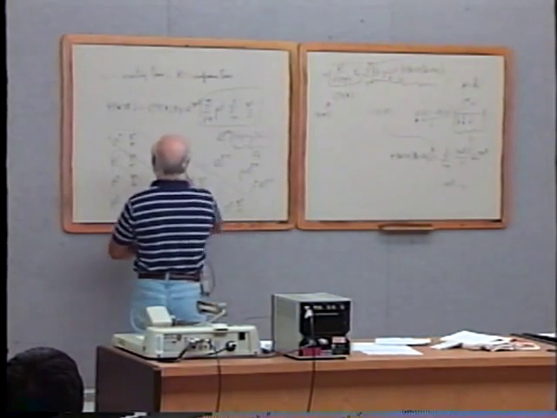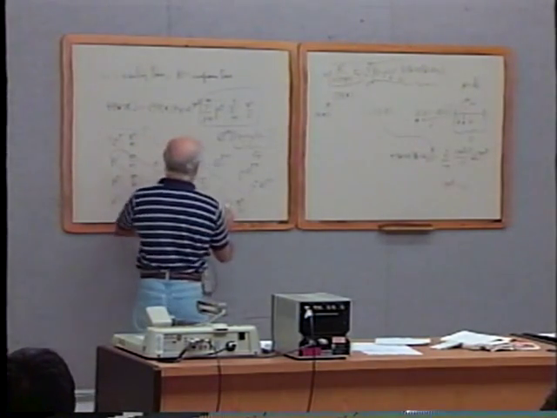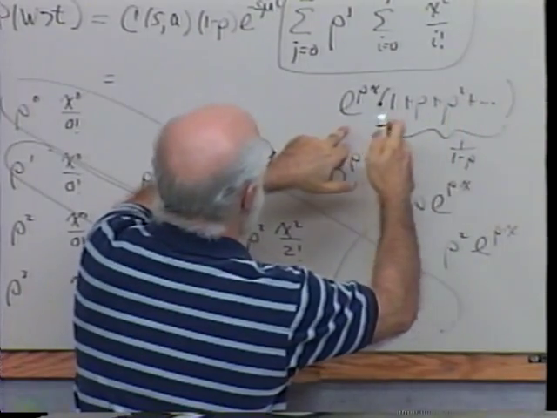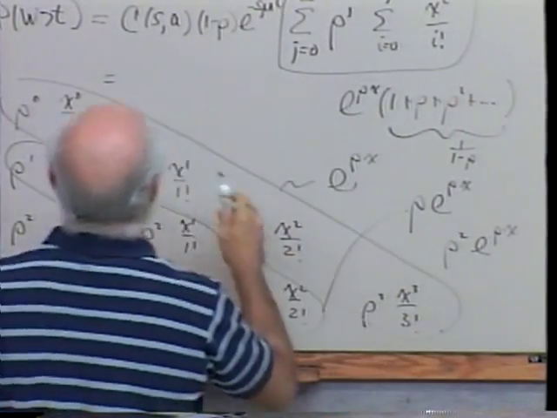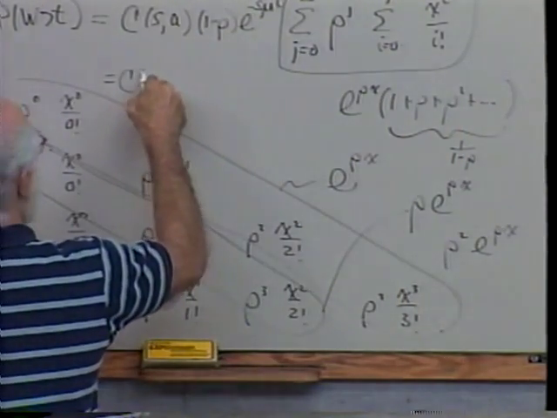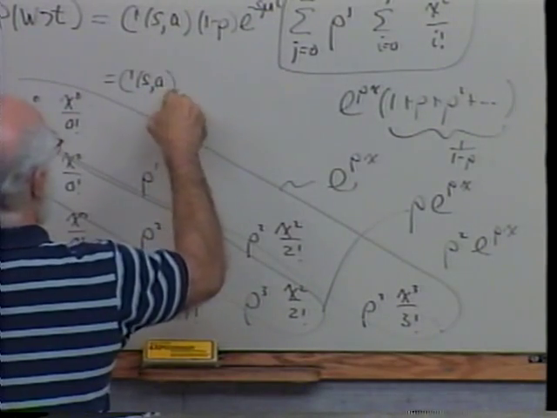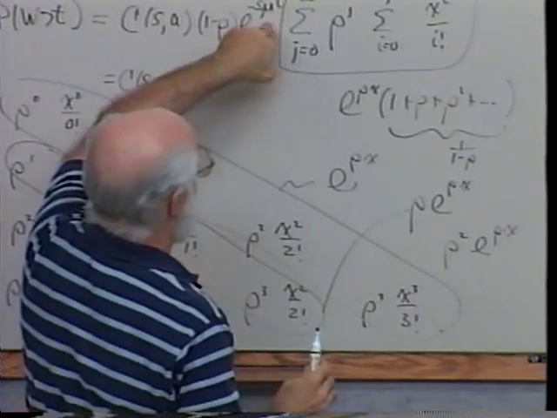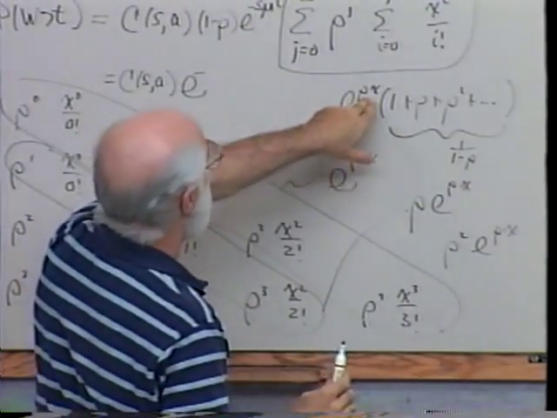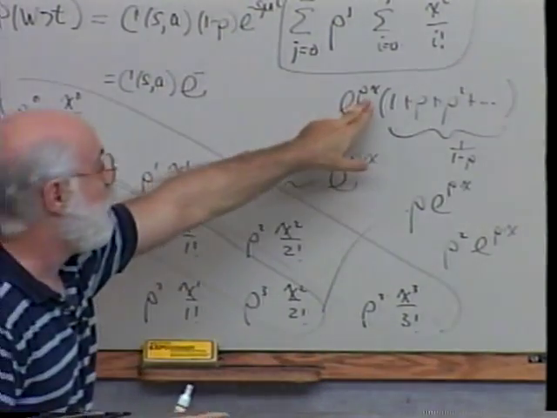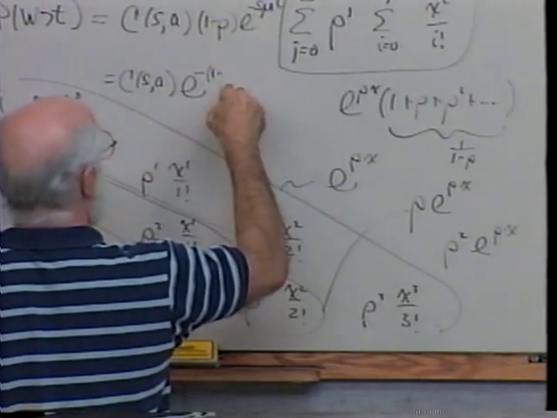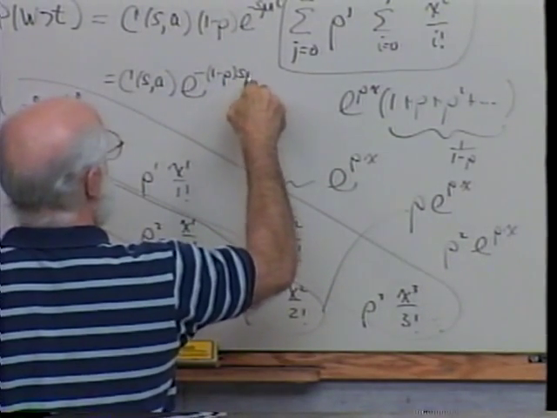That means that after I do the cancellation, cancel out that 1 minus rho, and combine this with this, what I have is the Erlang C times e to the minus s mu t, e to the plus rho s mu t, which is e to the minus 1 minus rho s mu t.